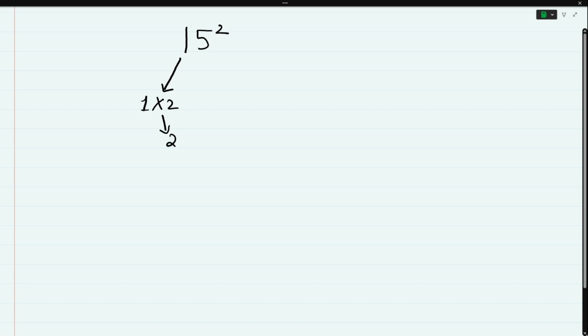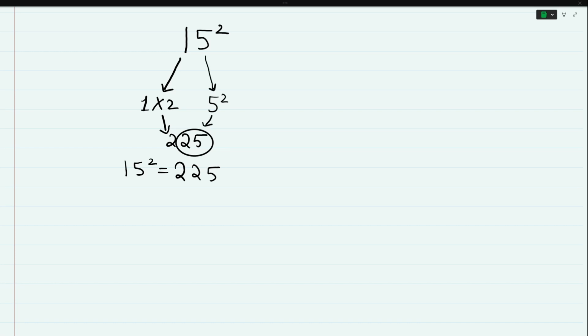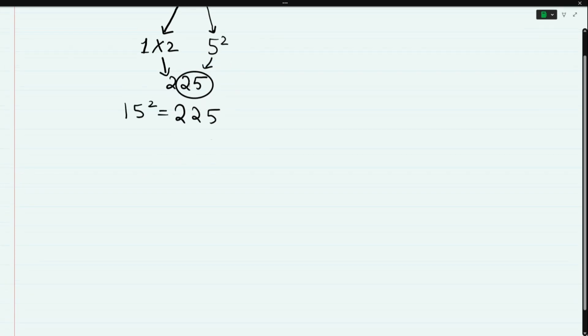We get 2. By just simply adding 25 to the end, we get the answer: 15 squared equals 225. And 25 is nothing but simply 5 squared.